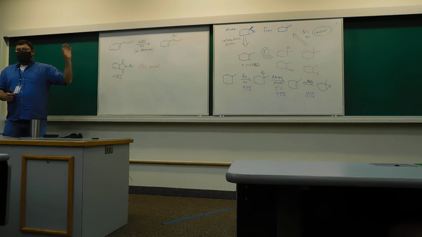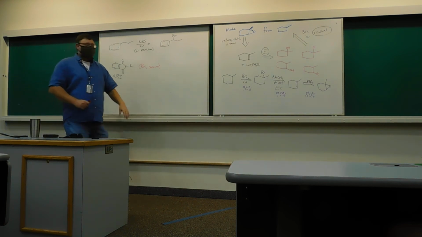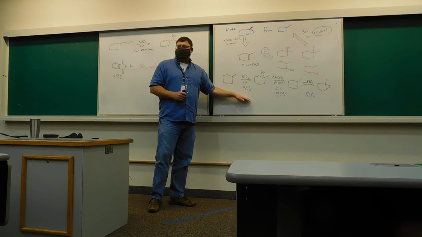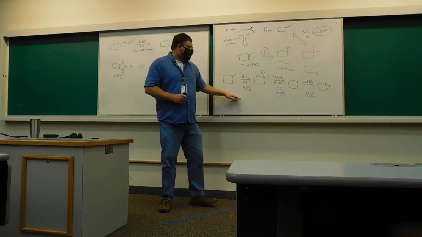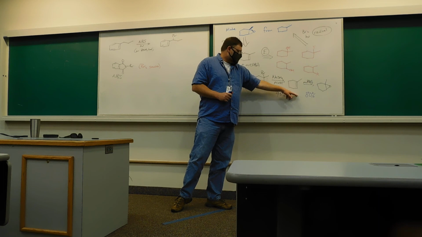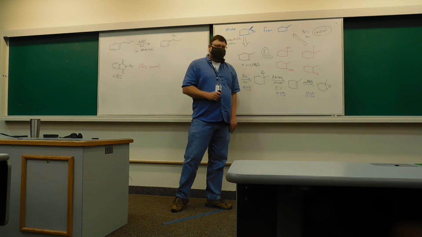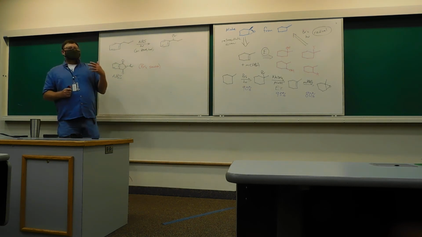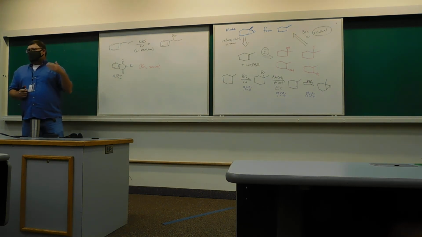But a synthesis problem only requires the reactions. I would not require a mechanism for those. I will not ask a free radical mechanism on the exam, and epoxidation is off. You'd have to be able to draw an E2, and that's chapter 7. Chapter 7 is on exam 3 as well.